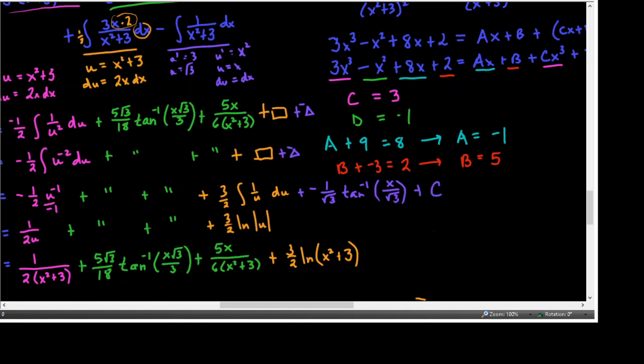So this is minus square root of 3 over 3 inverse tangent of x square root of 3 over 3 plus c, which I'll just carry down here.